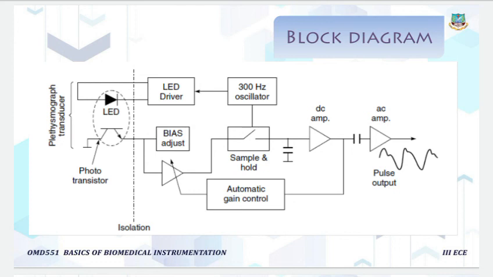This signal is then transmitted across the isolation barrier, demodulated, low pass filtered, and transmitted to the analog multiplexer resident on the CPU board. So this is the block diagram of the pulse rate measurement.